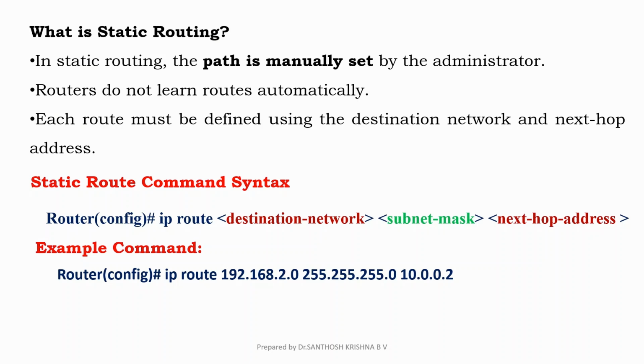Suppose I am pinging from 1.0 and my destination is somewhere in 2.0, then my command will be like ip route 192.168.2.0, that is the destination, followed by the subnet mask 255.255.255.0, then followed by the next hop. Who is the next person sitting who can take my packets and forward them? That is the next hop address. This is the syntax for static routing.